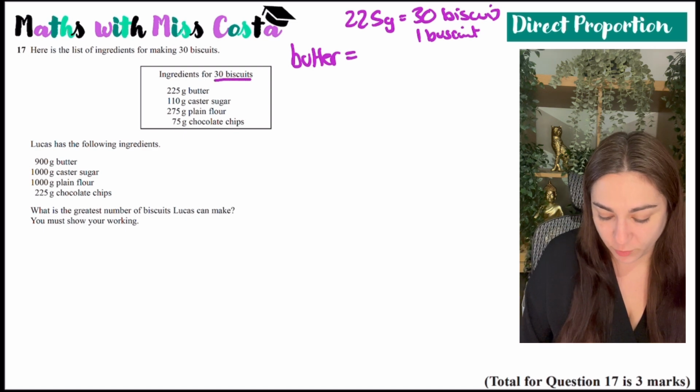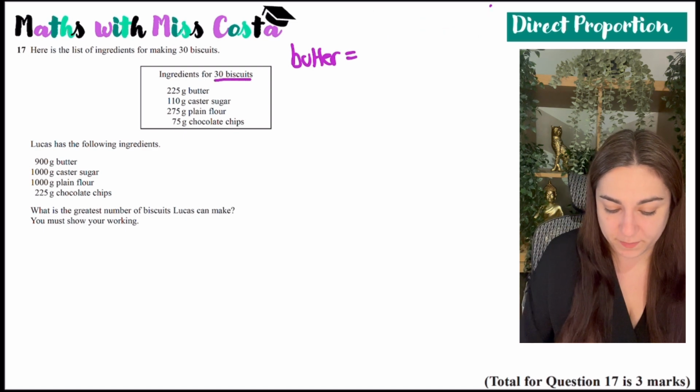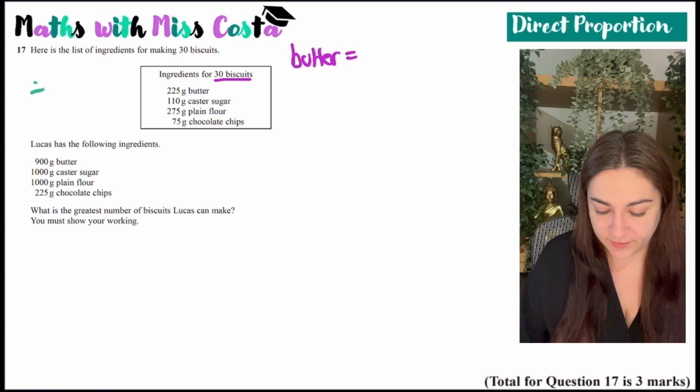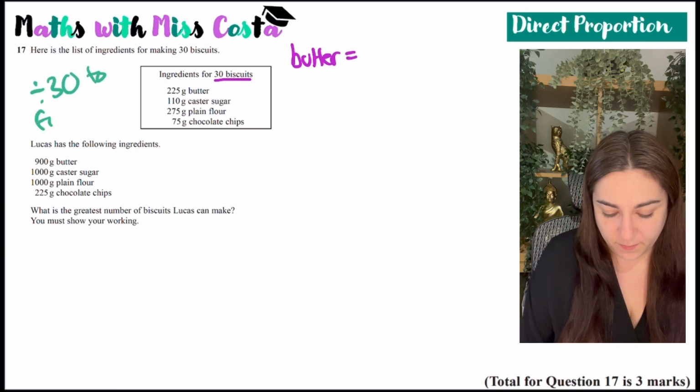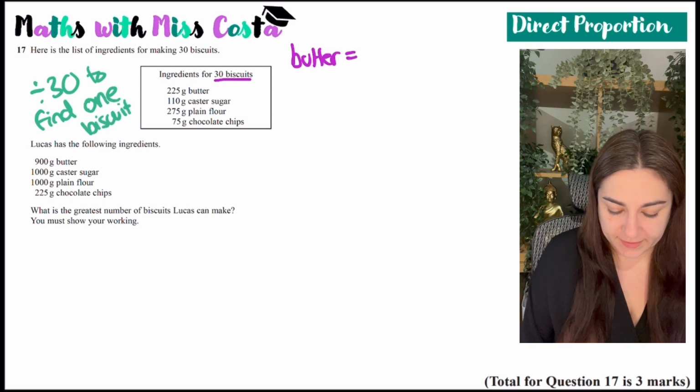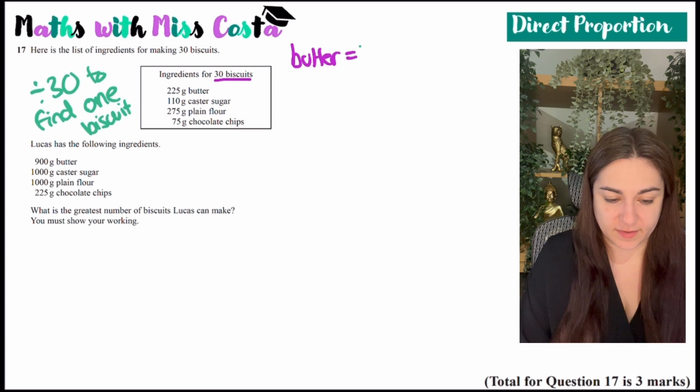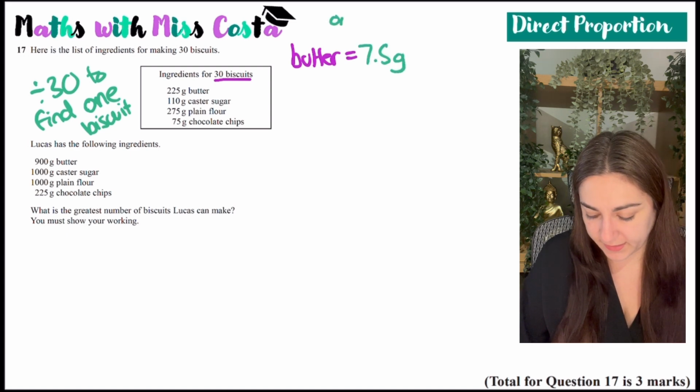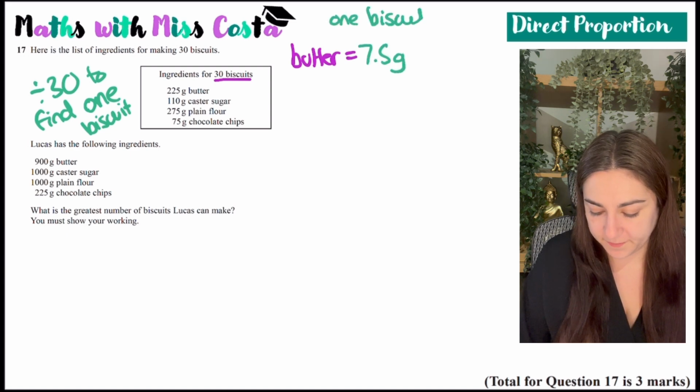So in this case, I've got 30 biscuits. To figure out how much 1 biscuit would be, I'd divide each ingredient by 30 to find 1 biscuit. So for butter, I'm going to need 7.5 grams for 1 biscuit.